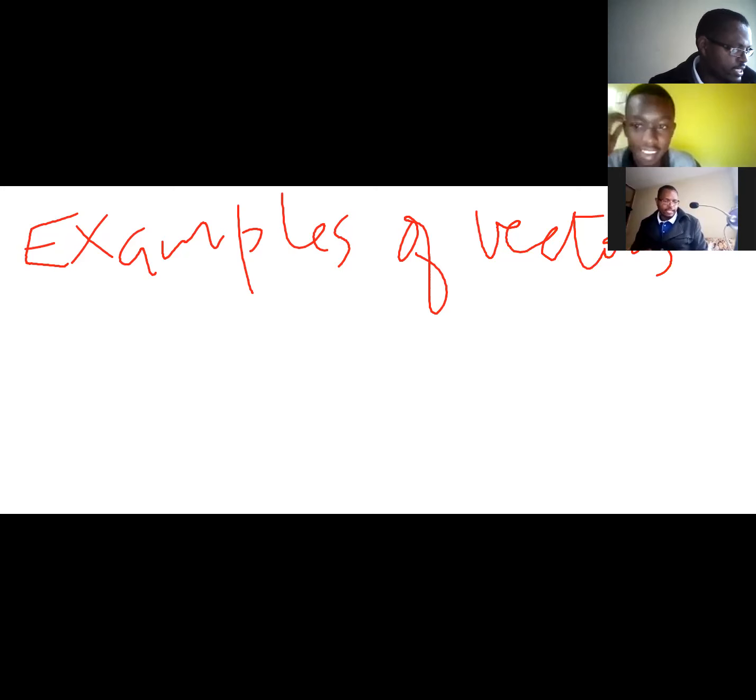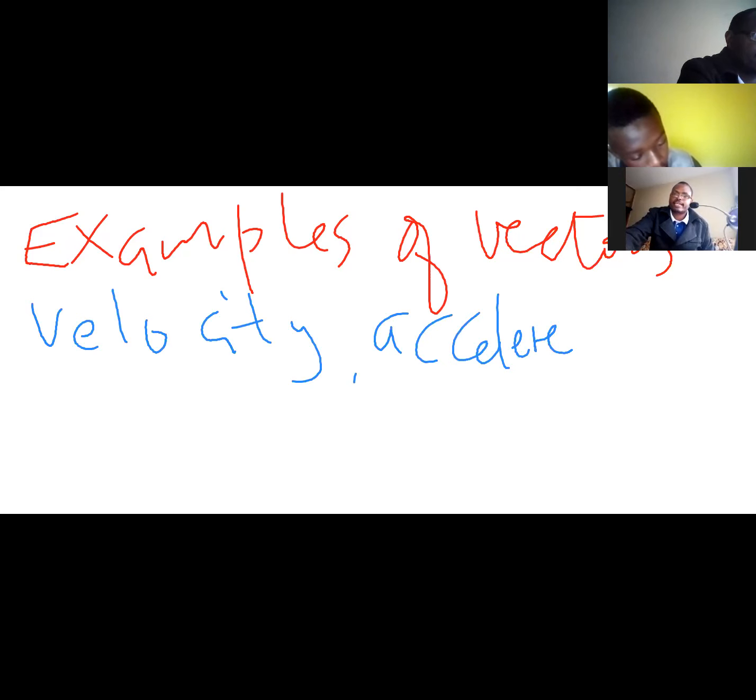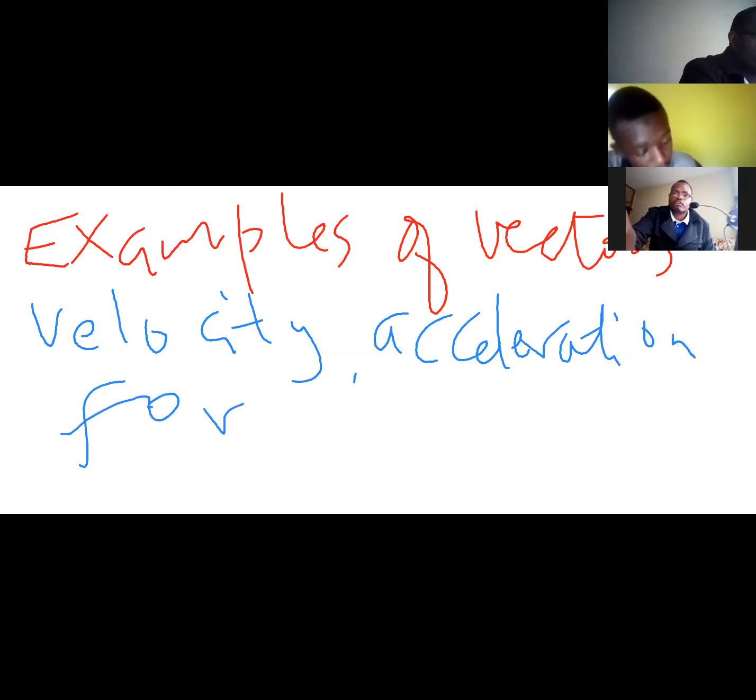You can write, examples of vector quantities are velocity, acceleration, and then I also have force.